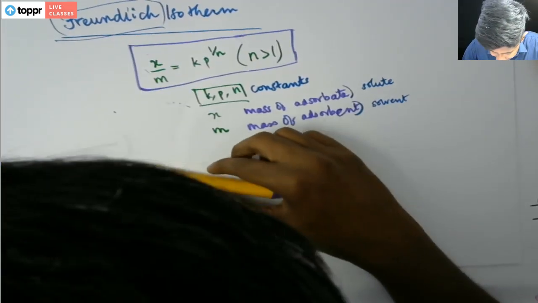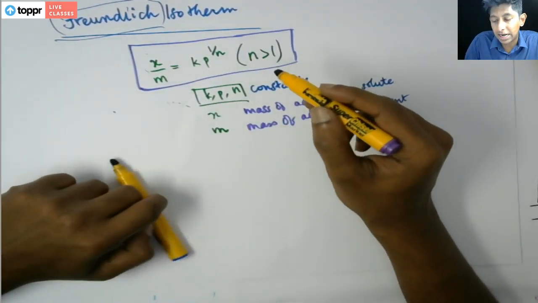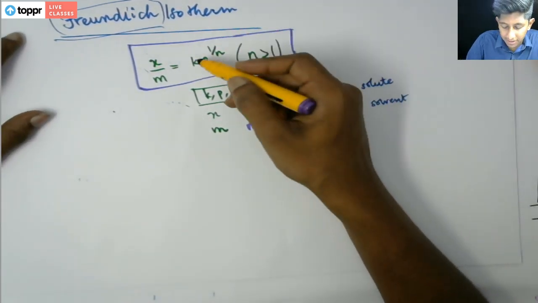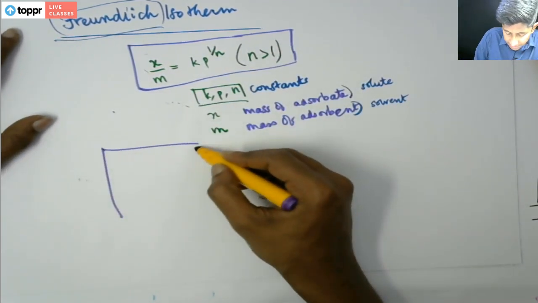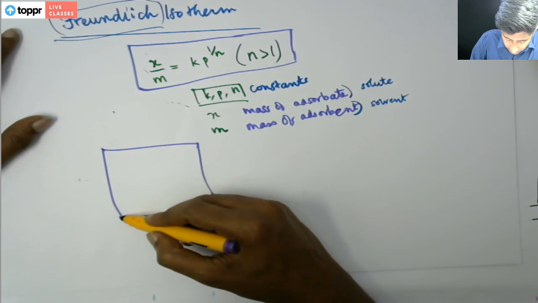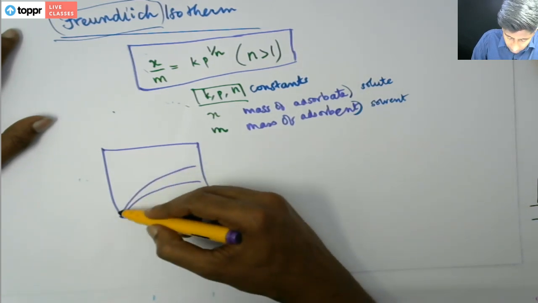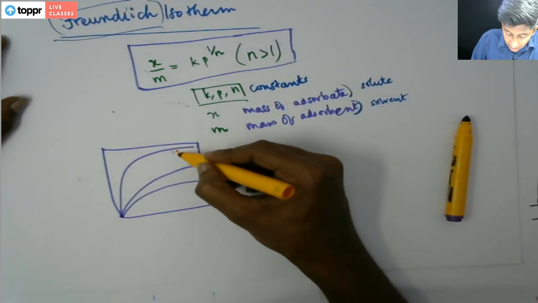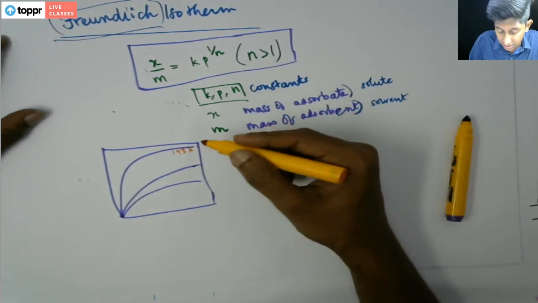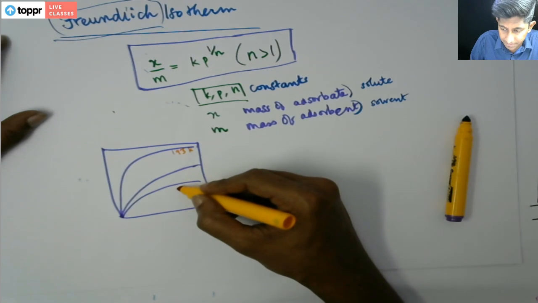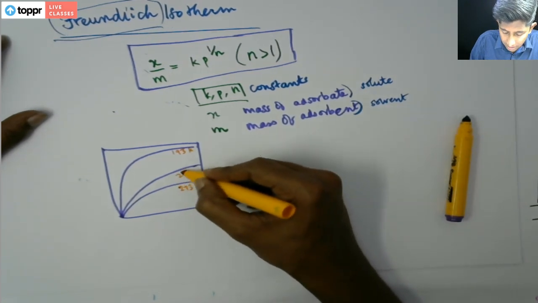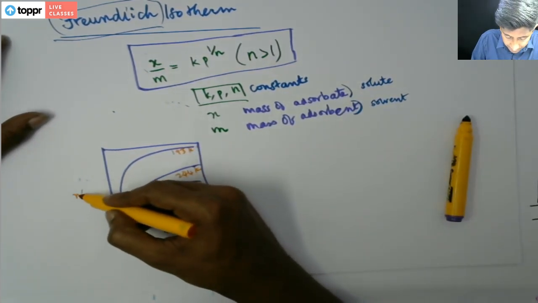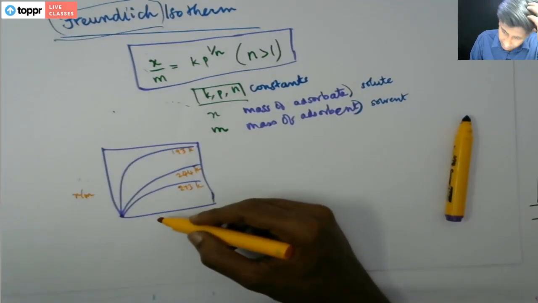So when you use this equation at different temperatures and plot it, as you can see, it's an equation which can be plotted, and people get a relation like this. You see that at different temperatures, and this one is something which was given to us in the text. I'm going to use that only, and as you can see, it's a direct plot between x by m and p.